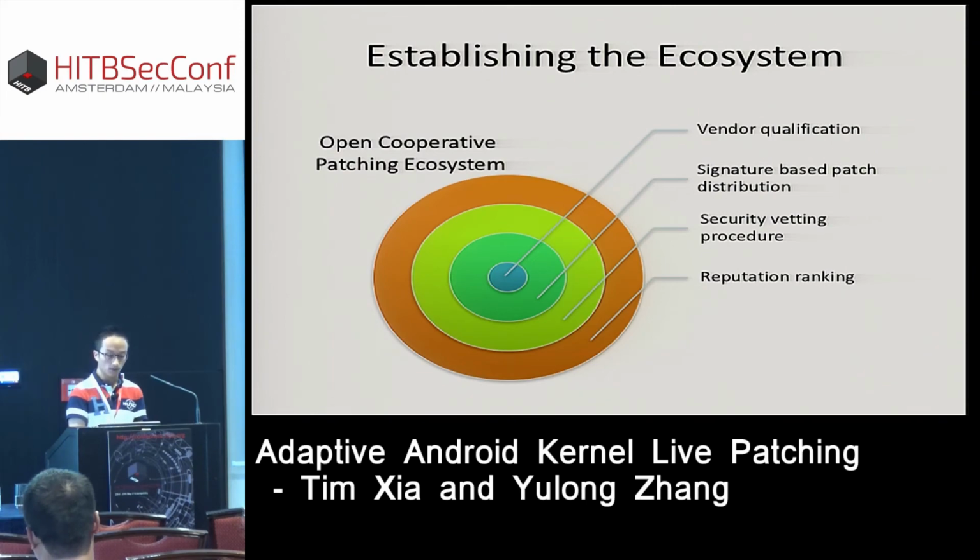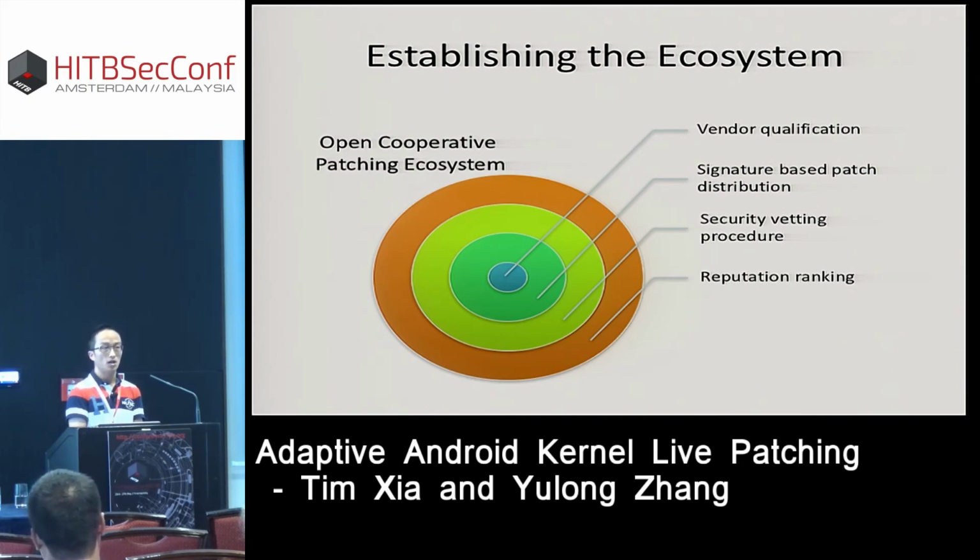And the last layer, which is the most important layer, is the reputation ranking. We want to make this similar to the iOS App Store, so that the user can pick the live patches from the user interface. And he can see the ranking. The ranking includes the vendor's ranking or other users' ranking of this patch.